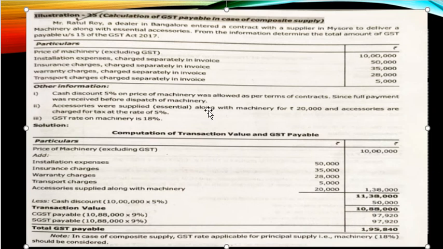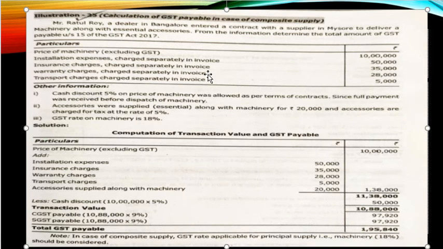So with this, as we have availed a discount, which is 5% on the price of the machinery, on the price of machinery, which is 10 lakh, we will provide the discount value. So 10 lakh into 5% will give us 50,000. You can ask me a question: why is it only on 10 lakh? This is the price of the machinery which is agreed upon for purchasing.